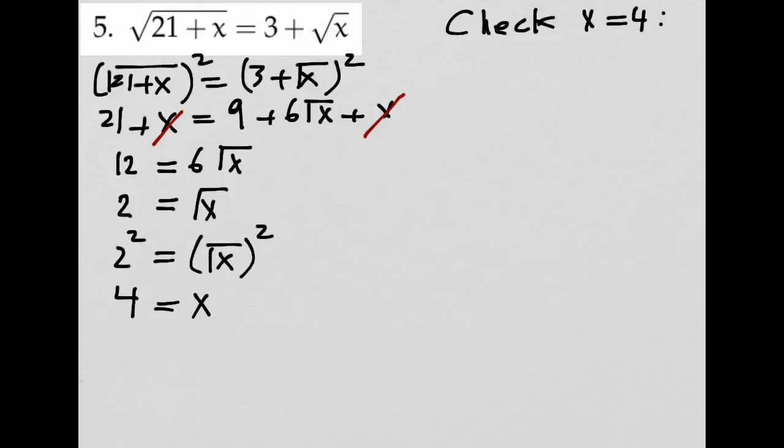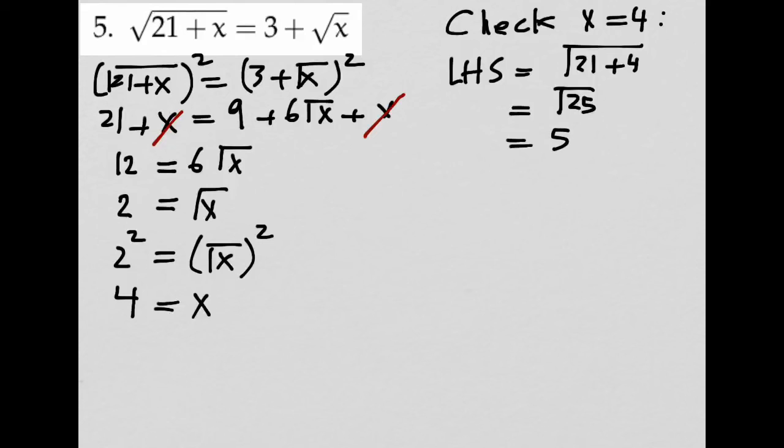Plugging in the left-hand side gives us 21 plus 4 under the square root. That's square root of 25, which is equal to 5. Plugging in the right-hand side, we have 3 plus square root of 4.